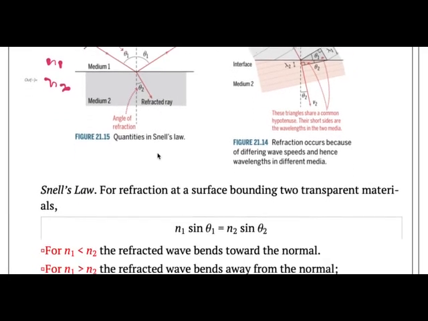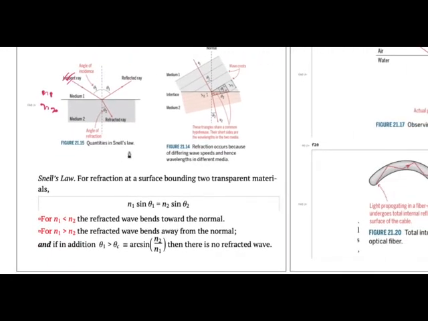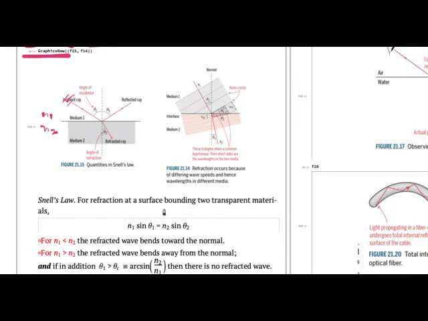So here's Snell's law. For a refraction at a surface bounding two transparent materials, n1 sine theta 1 is equal to n2 sine theta 2. n1 is the index of refraction of the first medium. n2 is the index of refraction of the second medium.